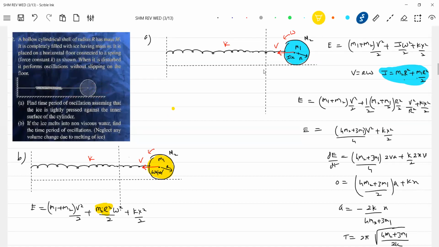Then the equation of motion will come like this, MA, because the viscous drag force will come into the picture. The amplitude will keep on decreasing, finally will come to rest. There'll be some loss of mechanical energy in the simplest way.